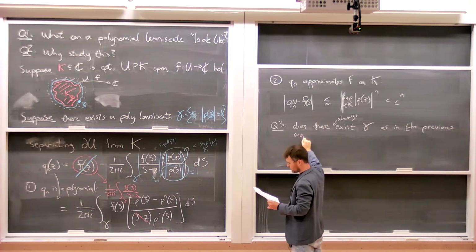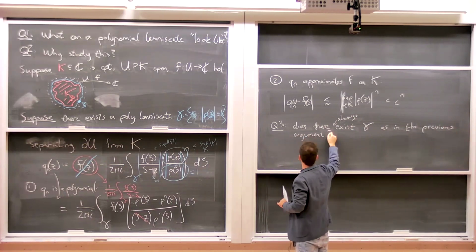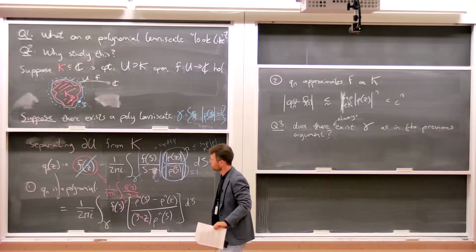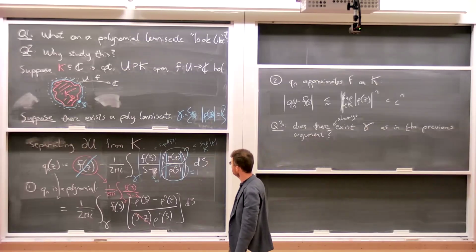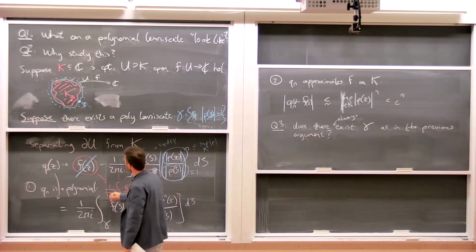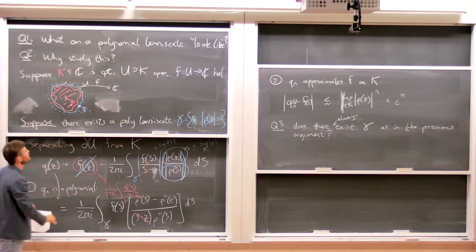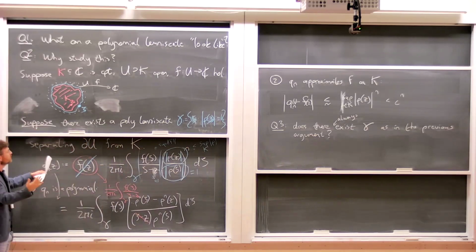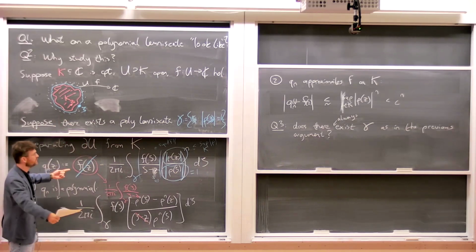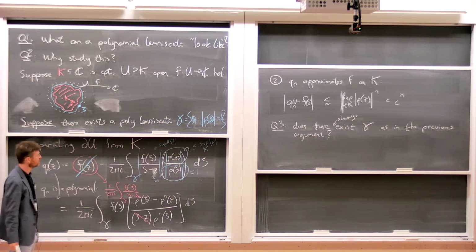One other thing I forgot to mention, which maybe makes all of this a little bit less mystifying, or at least it did to me, is that you can think of the simplest case in which we might do this argument. When is the simplest case? Well, what about when K is just a Euclidean disk and U is a Euclidean disk?